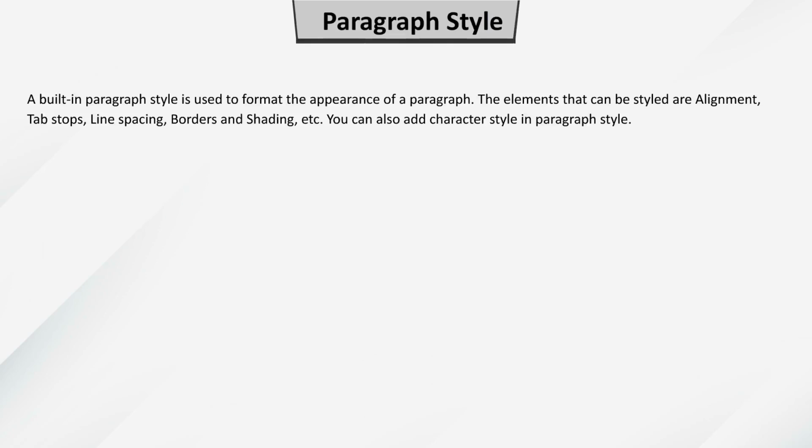A built-in paragraph style is used to format the appearance of a paragraph. The elements that can be styled are alignment, tab stops, line spacing, borders and shading, etc. You can also add character style in paragraph style.